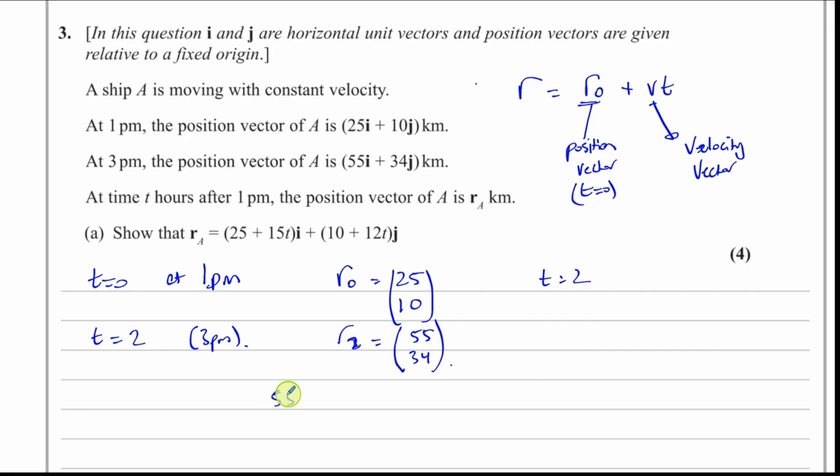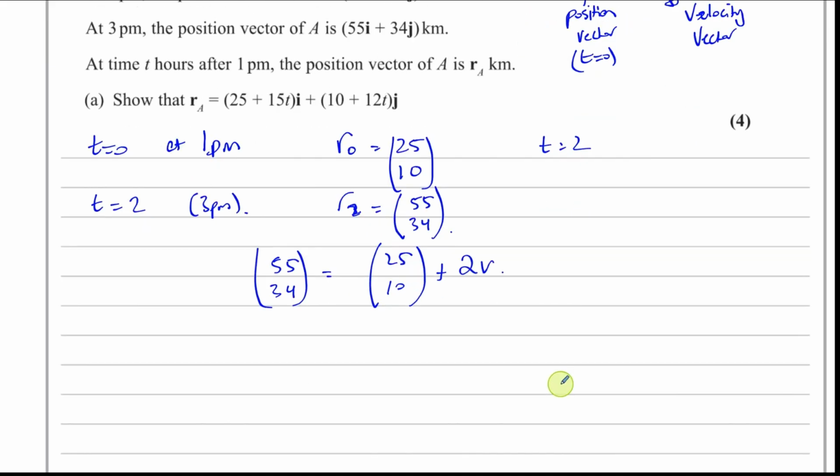R2, which is (55, 34), is equal to R0, which is (25, 10), plus V times t, so 2 times V. To find the velocity vector, we subtract these two and divide by 2.